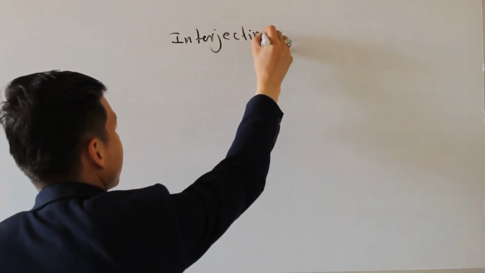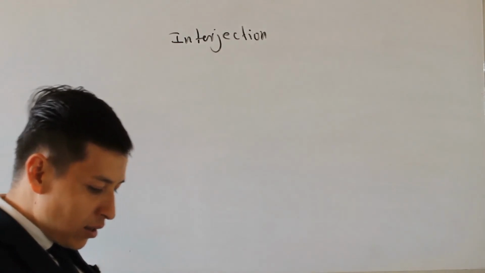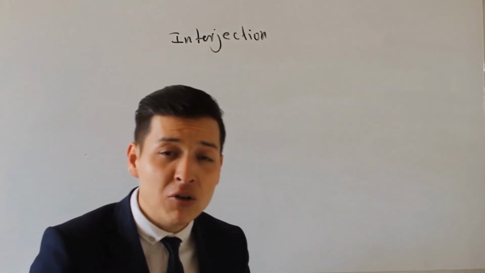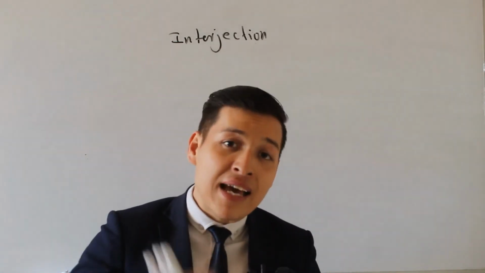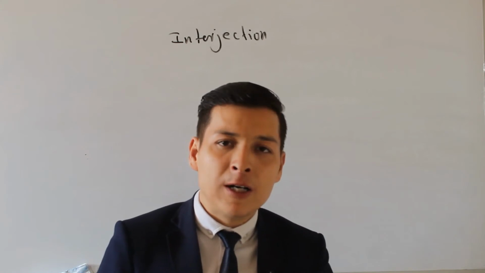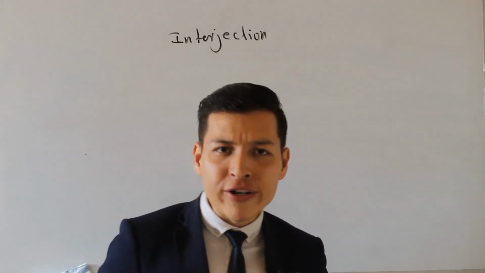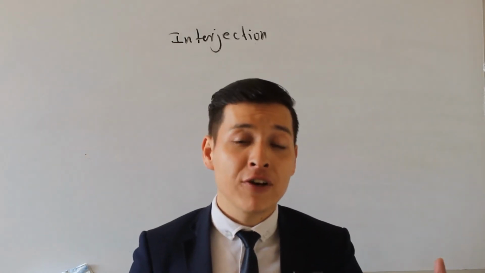What is an interjection? An interjection is a word that shows sudden feeling or emotion. For example, suppose somebody is cutting an onion and suddenly hurts his or her finger and says, ouch, I hurt my finger.